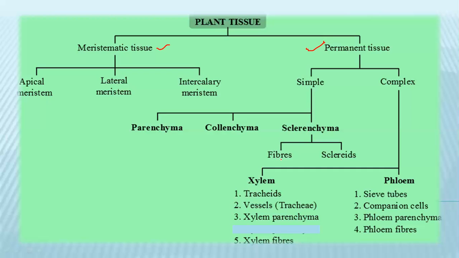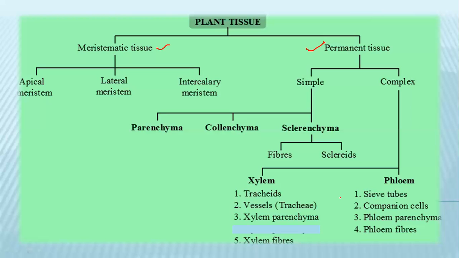Sclerenchyma has fibers and sclereids, which collectively form the sclerenchyma tissues. In complex tissues, xylem and phloem are not made up of only one type of cell, but have varieties of cells and structures in them.